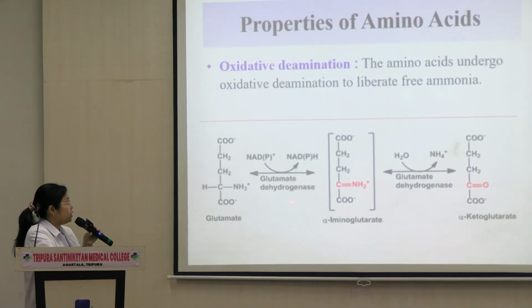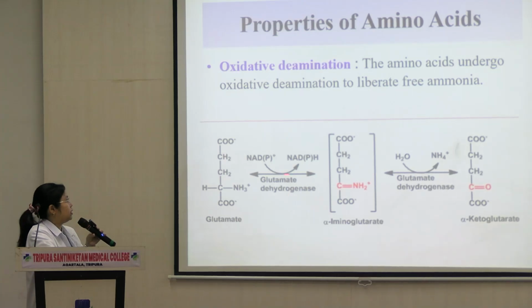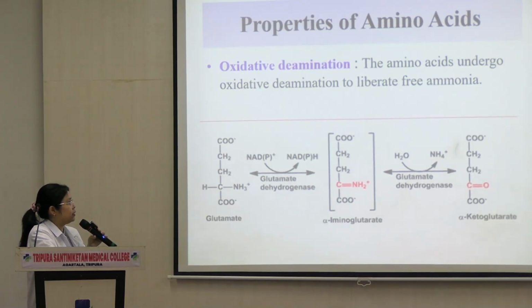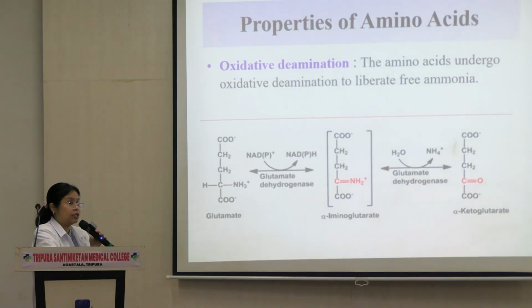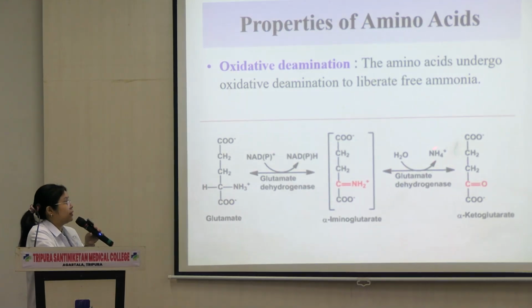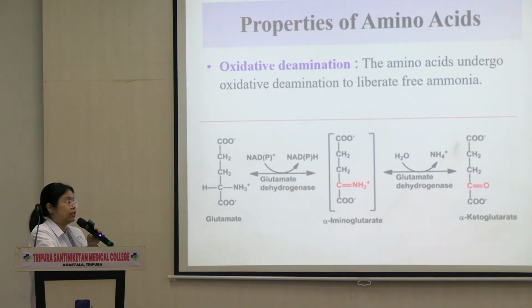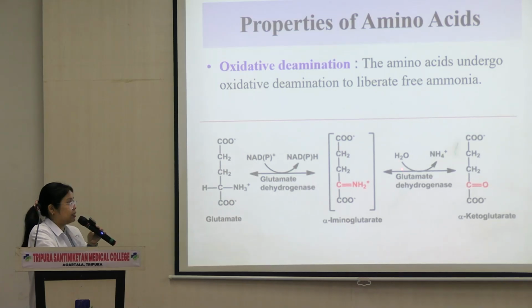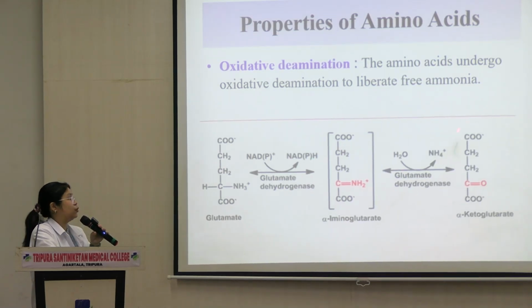Through the enzyme glutamate dehydrogenase, with an intermediate byproduct, you ultimately form alpha-ketoglutarate, which is a keto acid, plus the liberation of ammonia. The amino group is released as ammonia in this process of oxidative deamination.